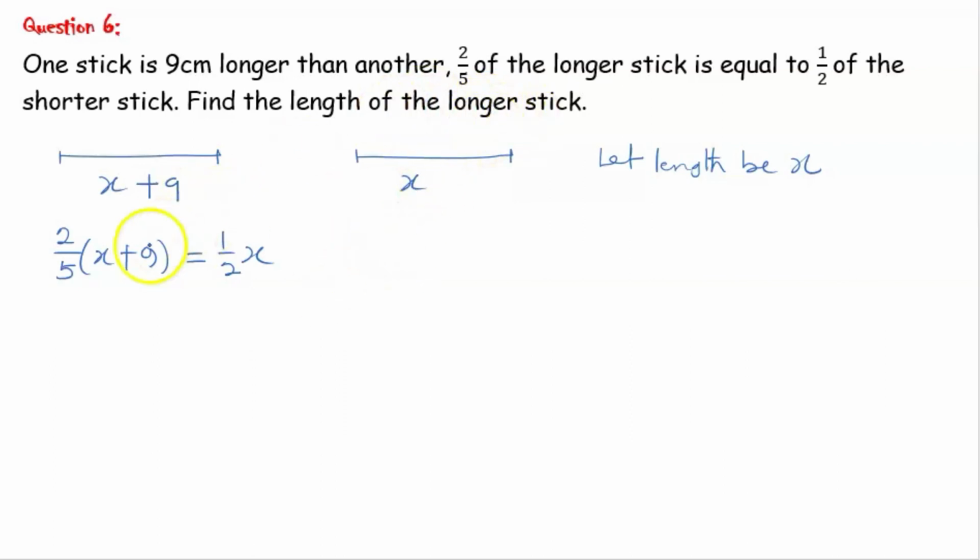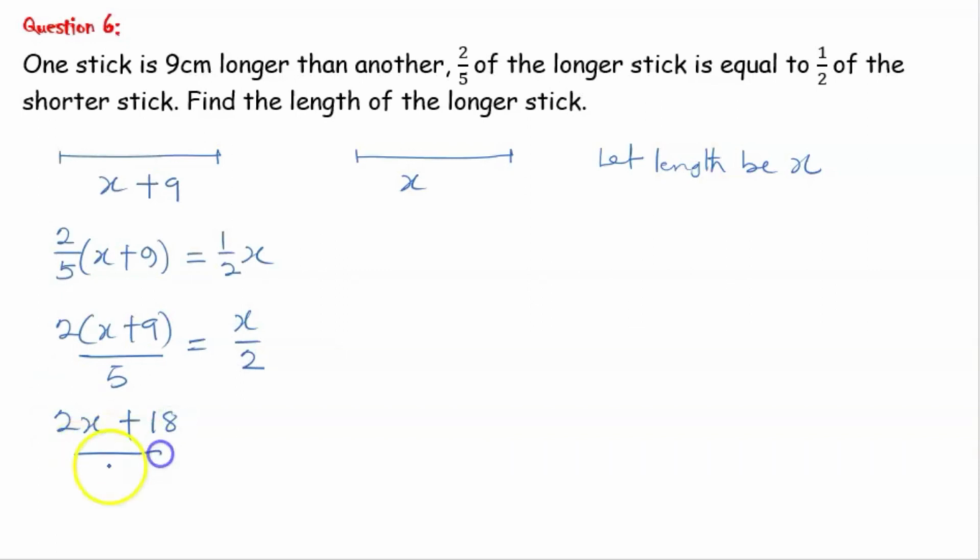All right, so let's quickly do this. This is going to give us 2 into x plus 9 divided by 5, which is the same thing as saying x/2. If you open this up, you are going to have 2x plus 18 over 5 is equal to x/2. So if we cross multiply, we are going to have 2 into 2x plus 18 is equal to 5x.